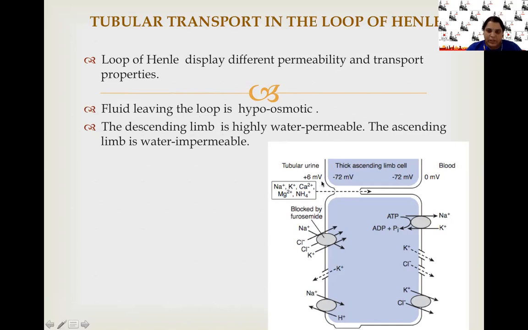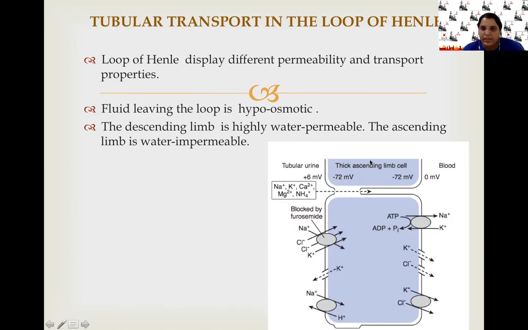The fluid entering the early part of the distal convoluted tubule is hypoosmolar. The osmolarity is close to 100 millimoles because more of the solutes are reabsorbed in the loop of Henle compared to water.